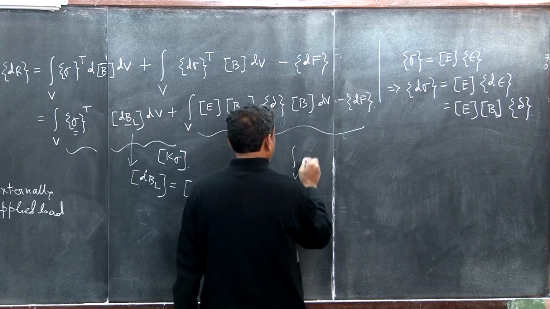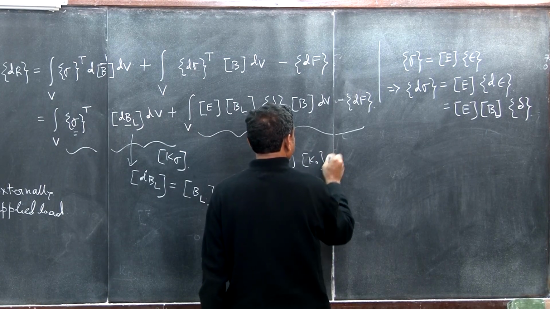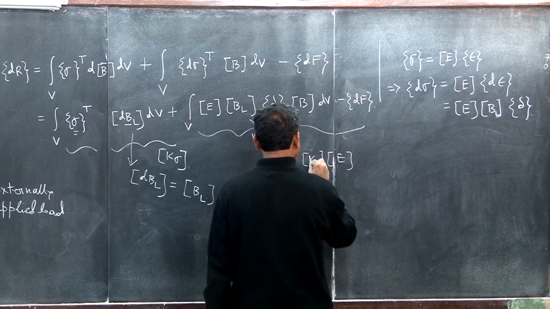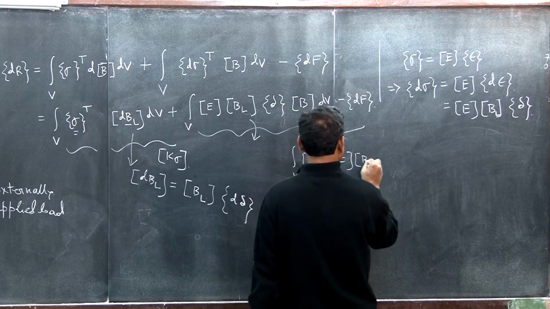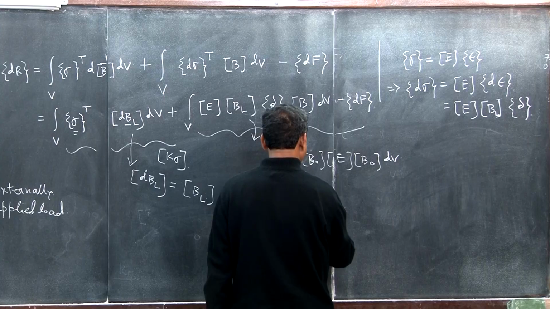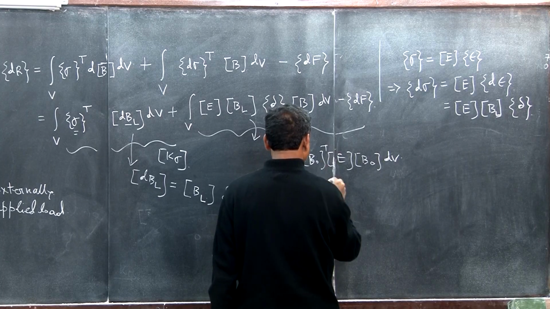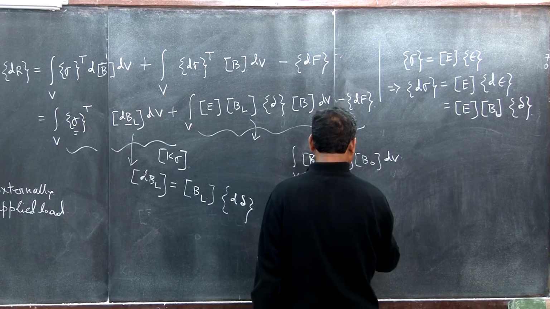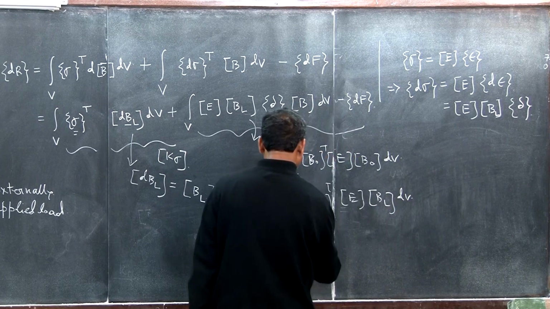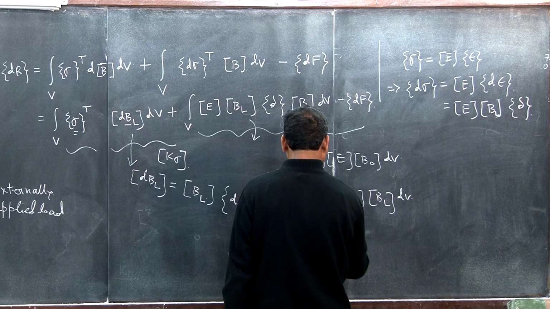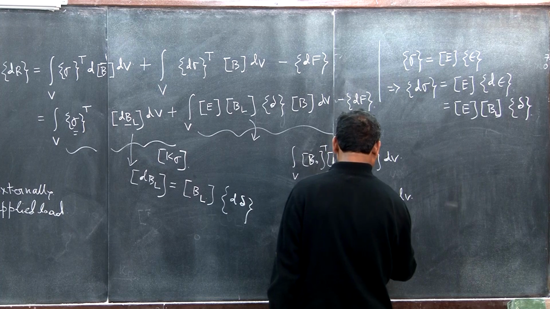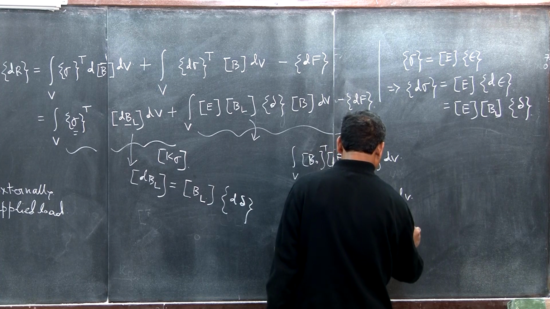One will be, of course, K0: B0 transpose E B0 dB. Another one will be BL transpose E BL. Another one will be B0 transpose E BL dB.